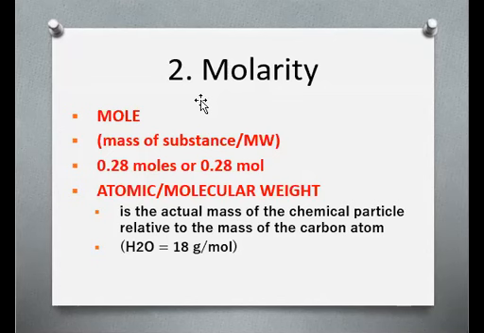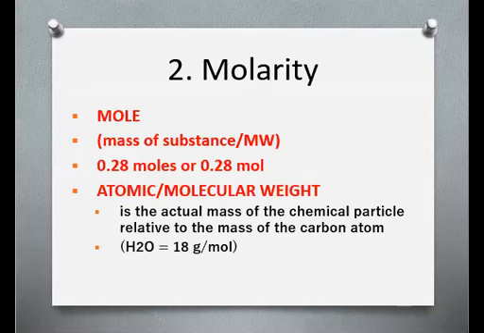Okay? The atomic weight is the same as saying atomic mass, so you can see it beside the chemical symbol of an element in the periodic table. Then the molecular weight is defined as the actual mass of the chemical particle relative to the mass of the carbon atom.